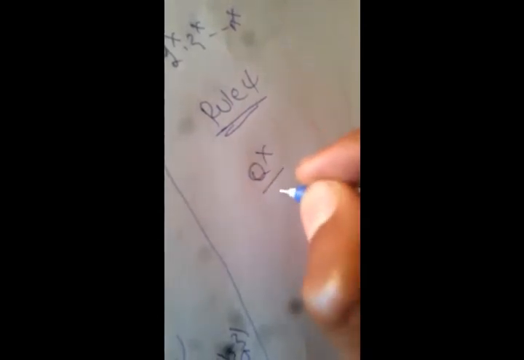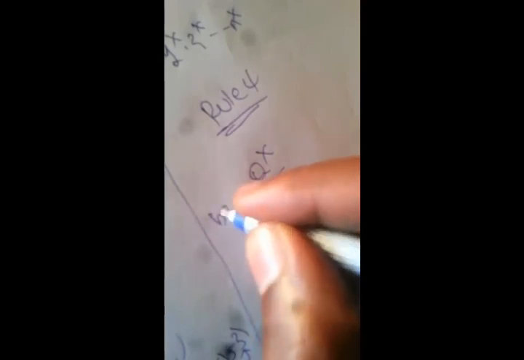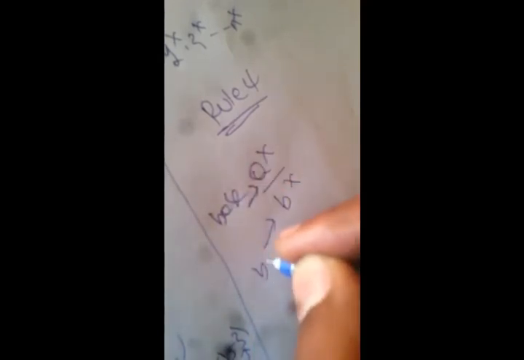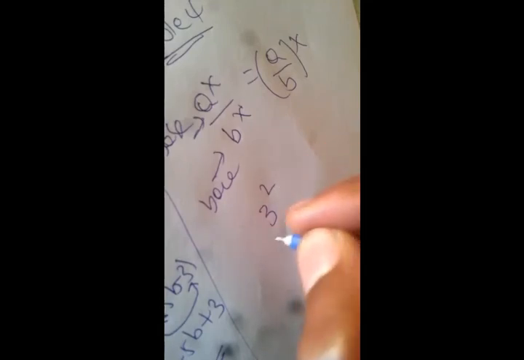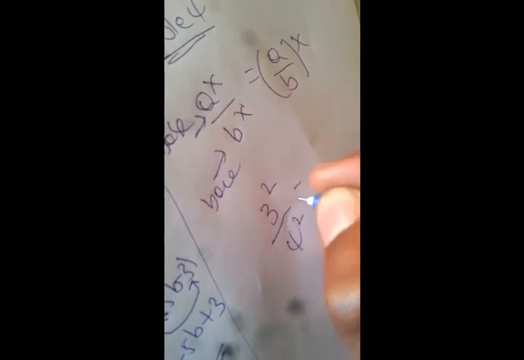So our fourth rule will be, if you are given a raised to x over b raised to x, where the bases are different and the exponents are the same, we can make (a over b) raised to x. For example, 3 square over 4 square can be written as (3 over 4) the whole square.